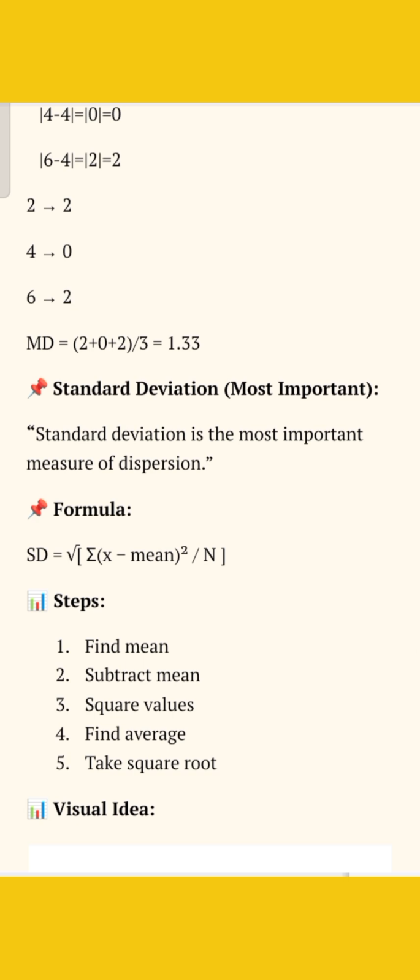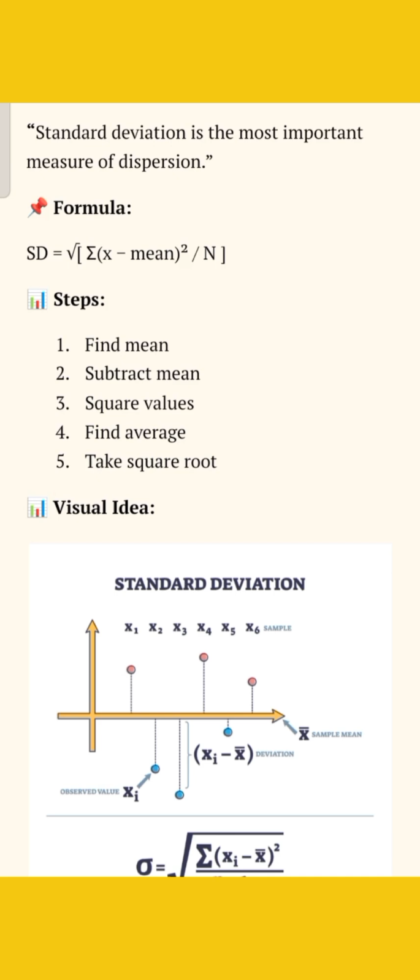Now the fourth one is standard deviation. Standard deviation is the most accurate and widely used measure, and we can see the formula. Standard deviation is equal to the square root of the sum of (x minus mean) whole squared divided by n, and steps are shown.